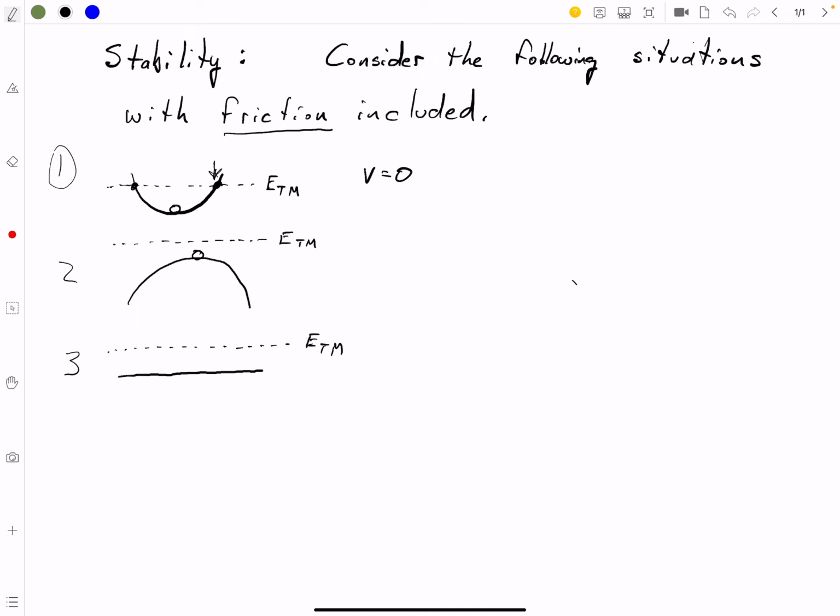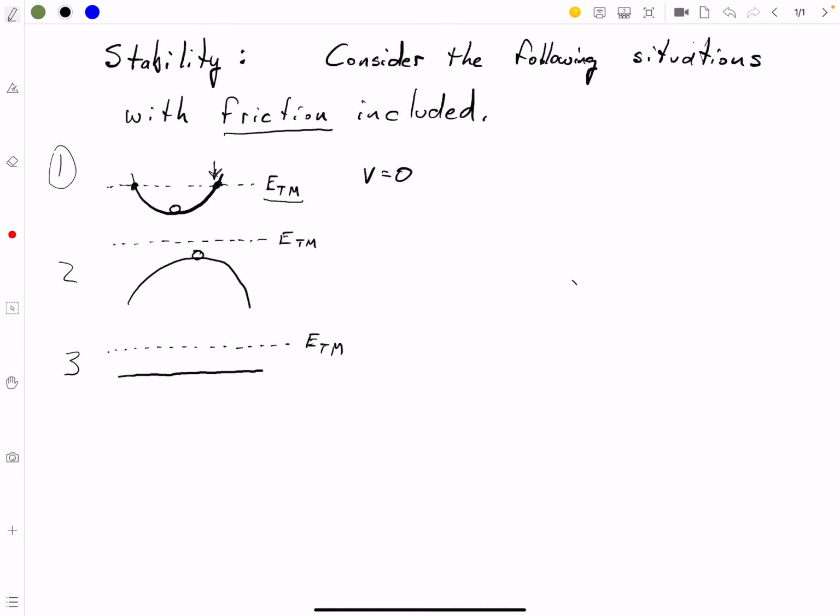Now if we were to bump that ball with, say, this much energy transferred to it, it would again oscillate back and forth till it ended up back at the bottom.